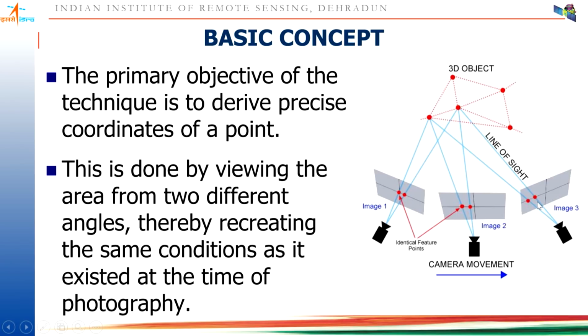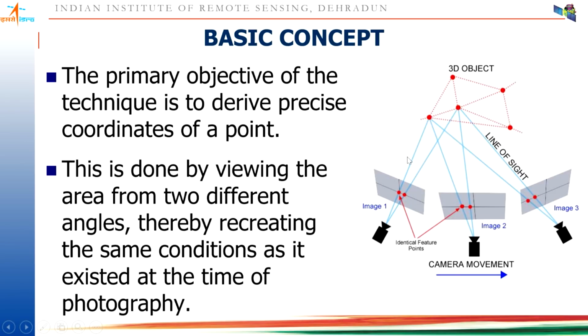Now when we recreate the same condition as it existed at the time of photography, we are recreating the same optical rays. How we do it, we will discuss tomorrow. For now, just focus on the fact that we have recreated the same light rays. This light ray is coming from this point and going here.